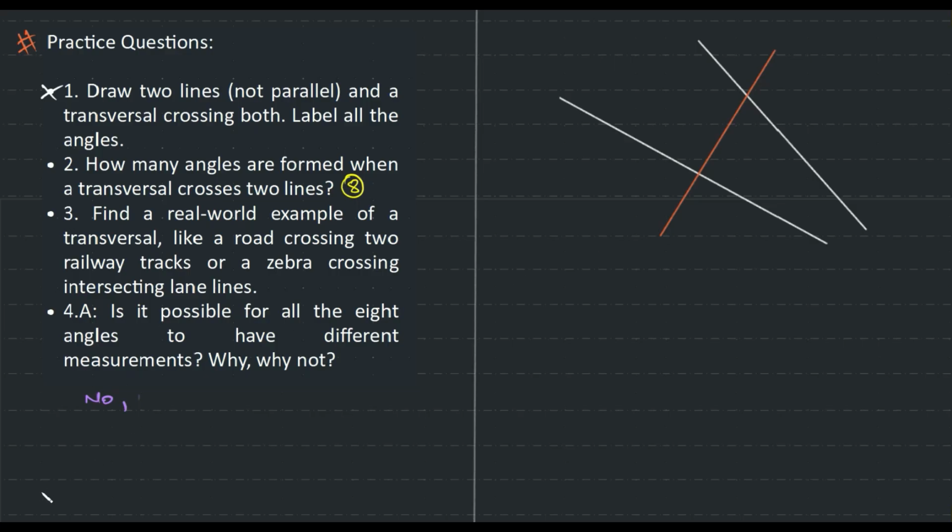Any idea? Because we have vertically opposite angles. By default, vertically opposite angles are equal. If this looks like around 110 degrees, this also will be 110 degrees. So vertically opposite angles are by default equal. Okay, so that's why.